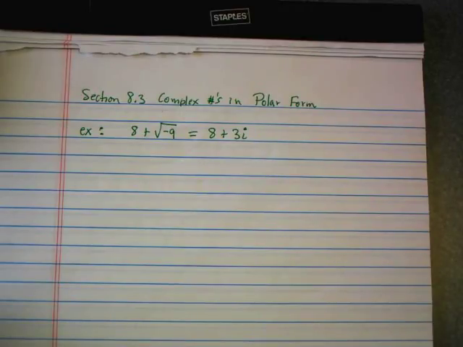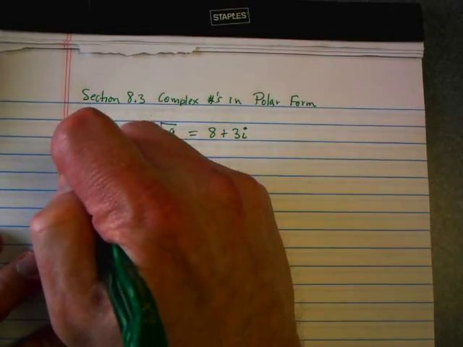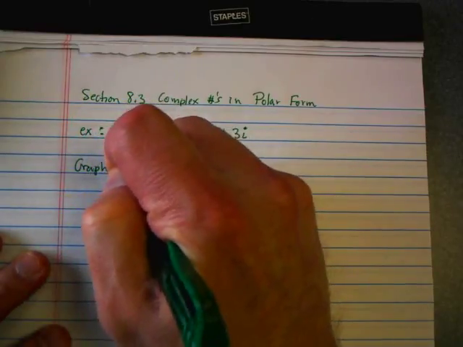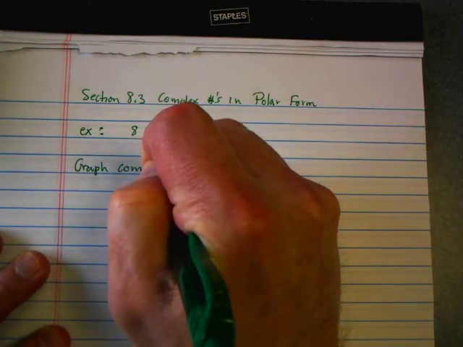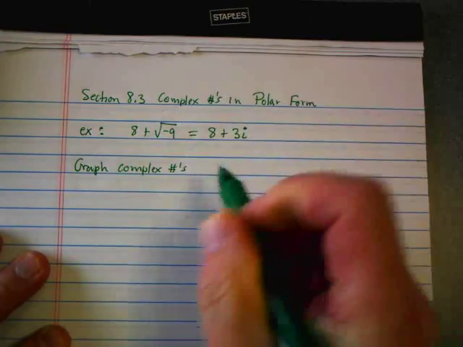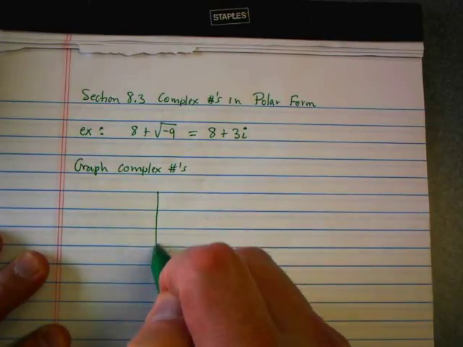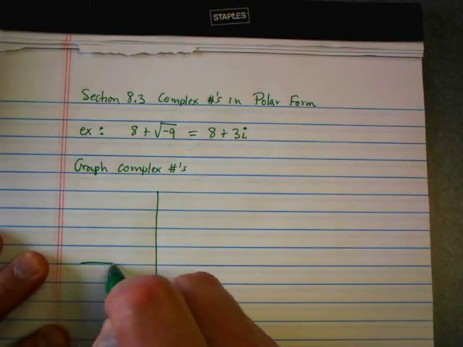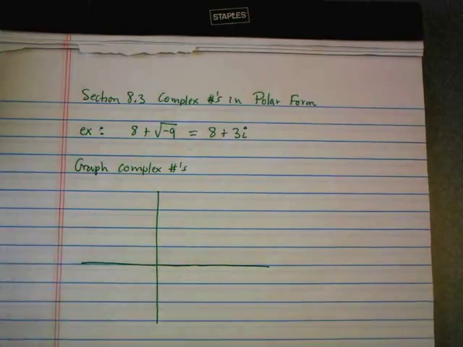So we've seen complex numbers, and at least you should have seen them back in Math 1412. All right, the first thing we're going to do today is graph complex numbers. We graph them on something that looks very much like the grid we're used to.